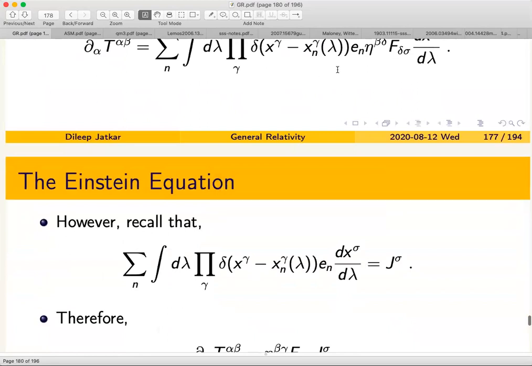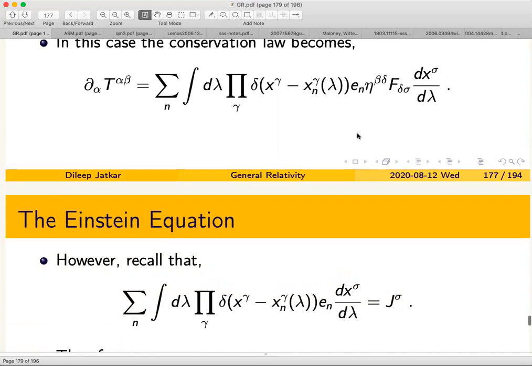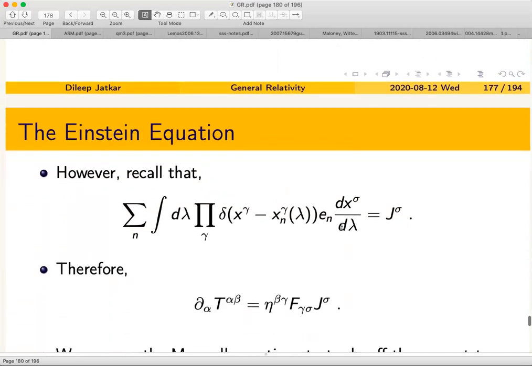So what we will do is we will write down this expression in a little nicer way. In this expression, if you forget about this eta times f piece, and look at everything else, that is a quantity which was the covariant current that we have written down in special relativity. Notice that there is no 1 over square root of determinant g, because we are still in the Minkowski space-time.